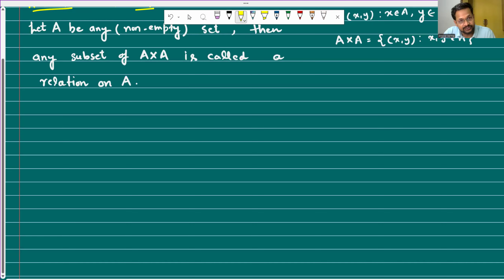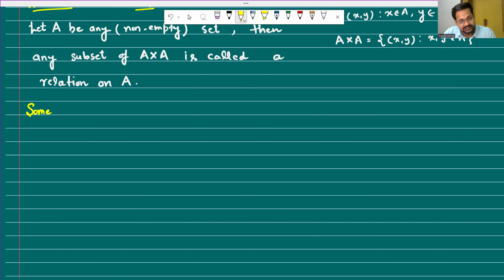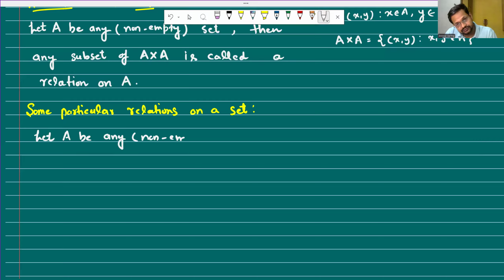Let us write some particular relations on a set A. Let A be any non-empty set.